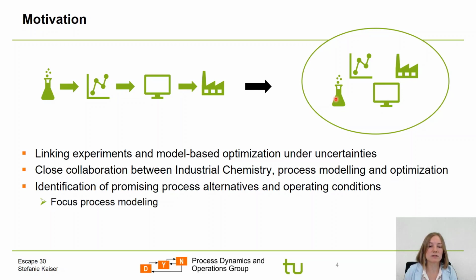So by doing so, it is possible to identify promising process alternatives and operating conditions, and then determine the relevant parameters at these optimal operating conditions. So we want to focus the process modeling. And this is done by a close collaboration between industrial chemistry and process modeling and optimization.